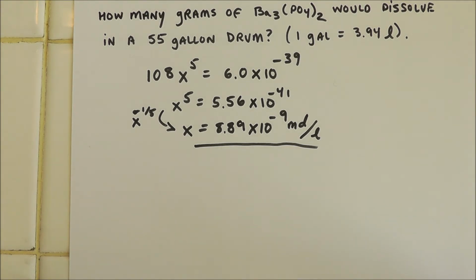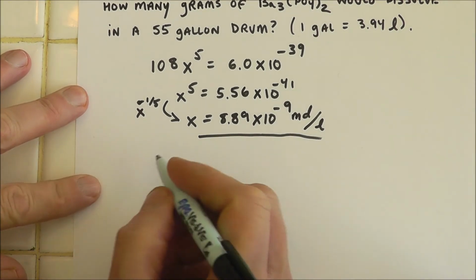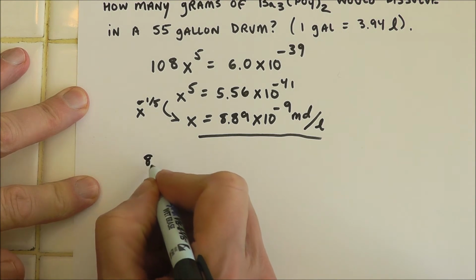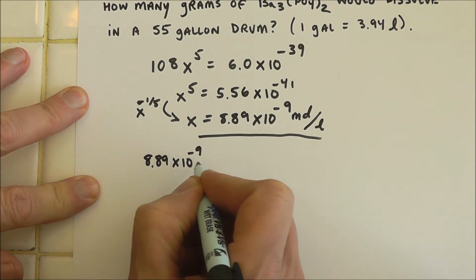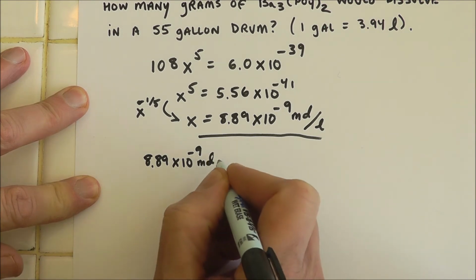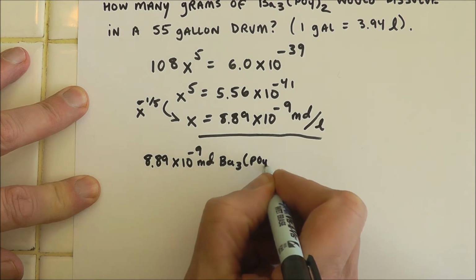And so let's go ahead and take X, which I said before is the stem of all the sort of problems you're going to solve. 8.89 times 10 to the minus 9 moles. Now, moles of what? Barium phosphate.